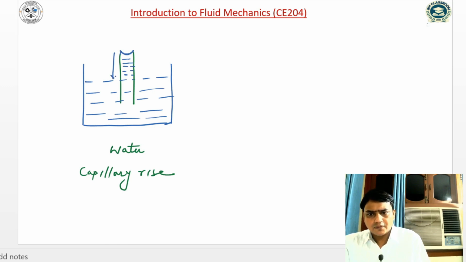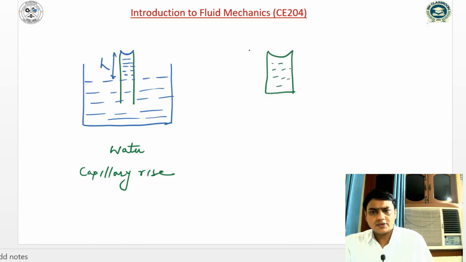This height we have to find. If I see this portion, the fluid is inside.